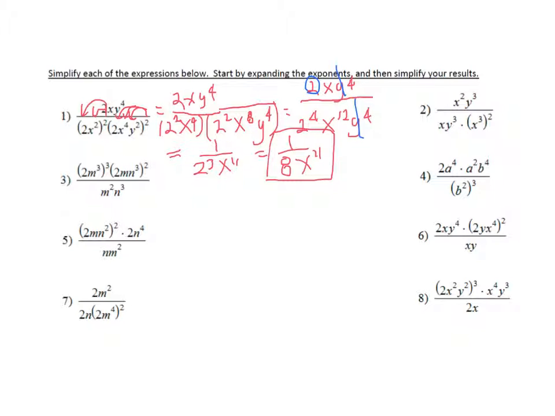So for instance on 3, I want to take my 3 and I multiply times m to the 3rd and also times the 2. And my 2 here goes to the m, the n, and the 2. Expand them all out and then reduce them all down. There are no other tricky things in there that you need to be aware of other than that. I think you got enough to finish it up.